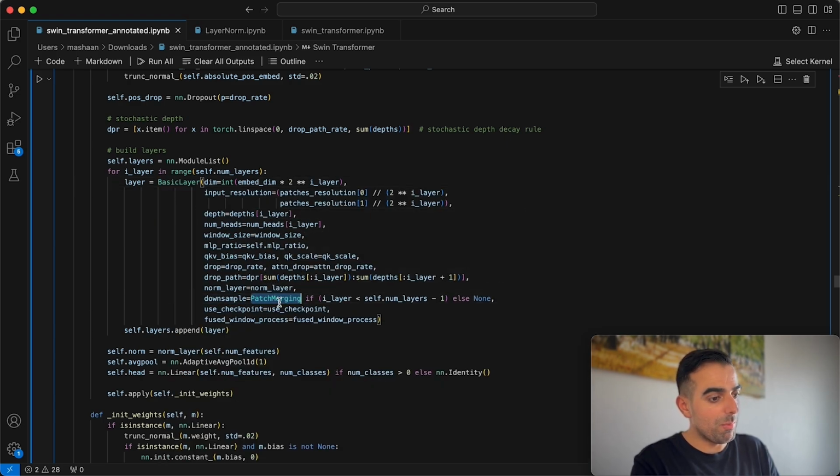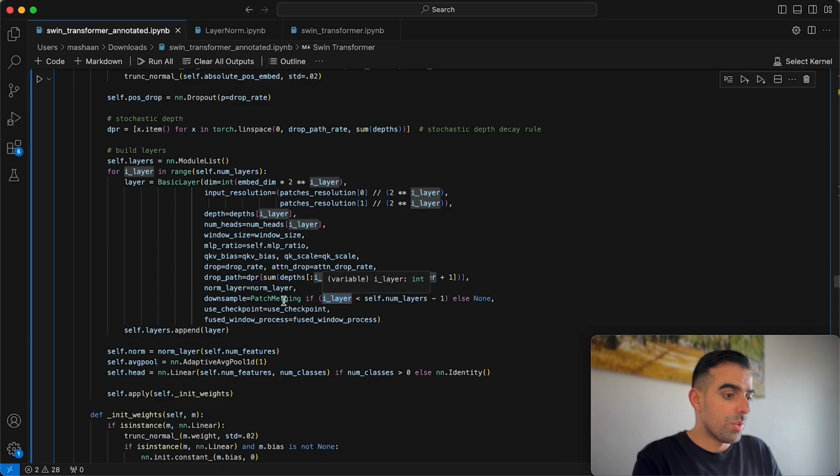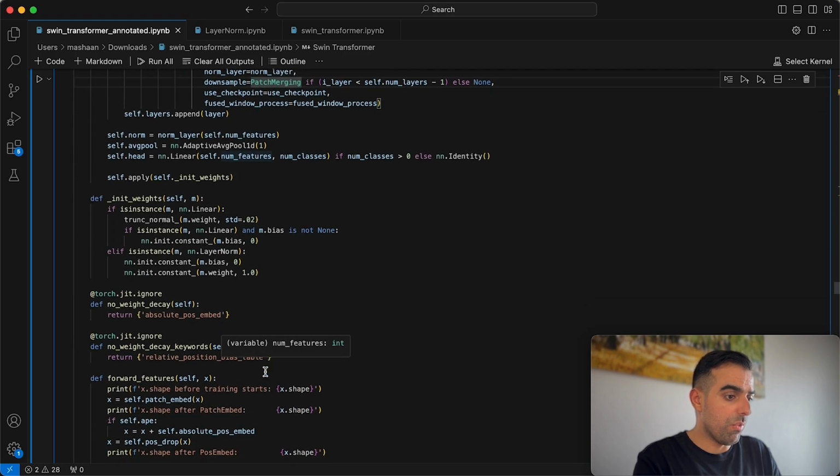The downsample parameter is basically calling patch merging if it's not the last layer. So patch merging is done in the first layer, the second layer, the third layer, and it's not done in the fourth layer. So patch merging does the following.